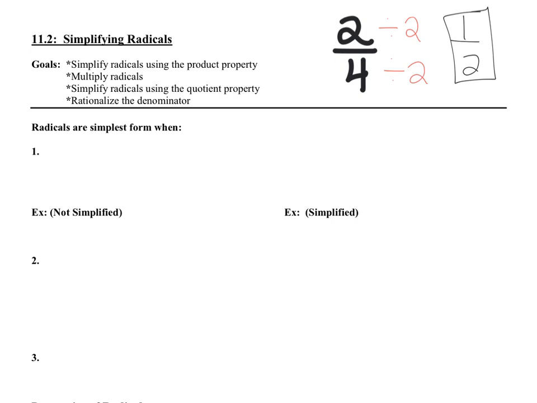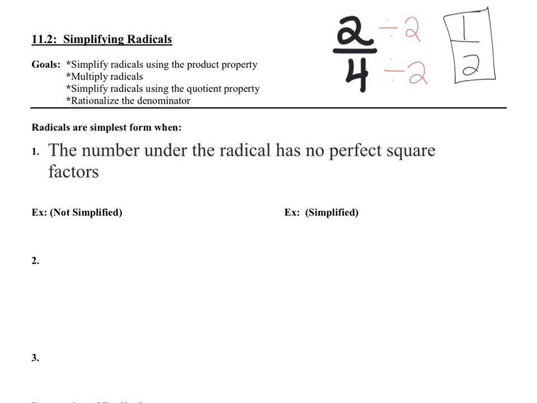So radicals are going to be in simplest form when the number under the radical has no perfect square factors. What this means is we should first look at our perfect squares. Our perfect squares are 1, 4, 9, 16, 25. You can see I'm listing numbers that I know the square roots of.